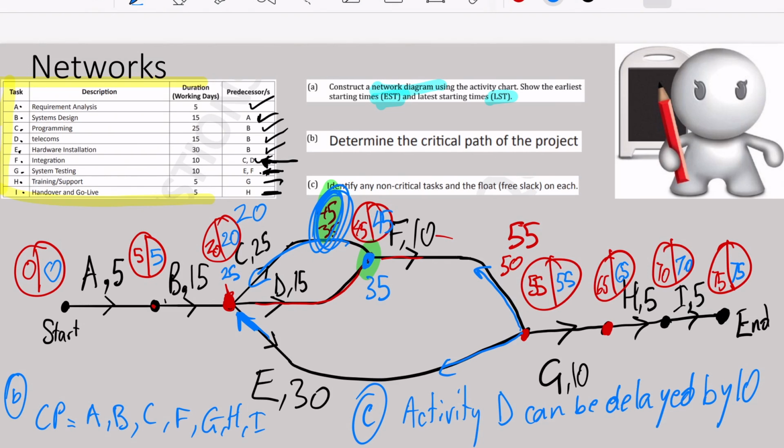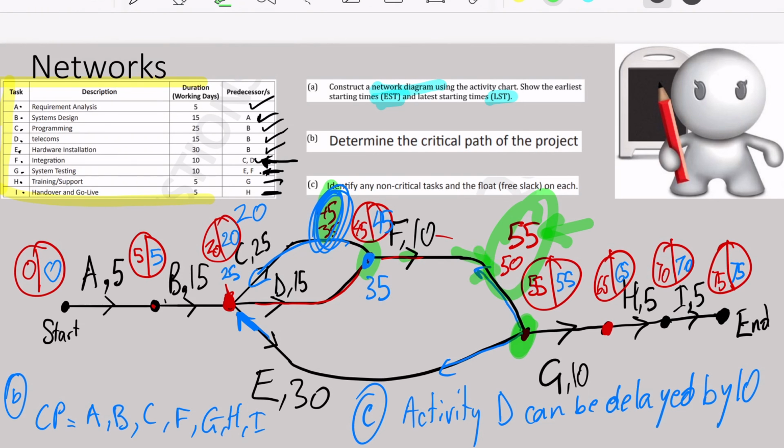Alright, let's have a look at the next juncture, which is over here. And let's look at these two numbers. Alright. So I could have gotten to this vertex over here by going through activity E or through activity F. Alright. Now going through activity F was 55, okay, and going this way 20 plus 30 was actually the 50.